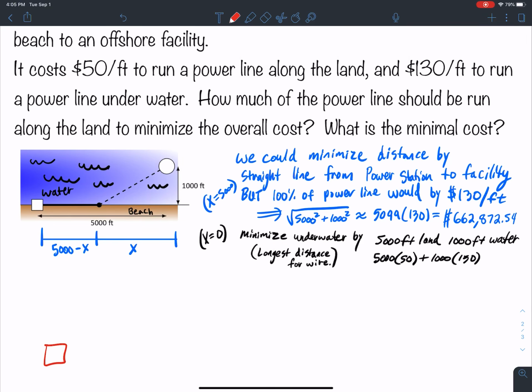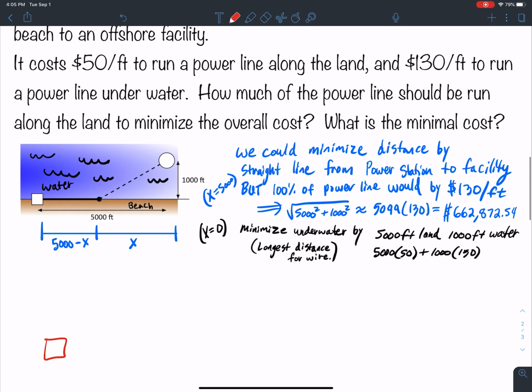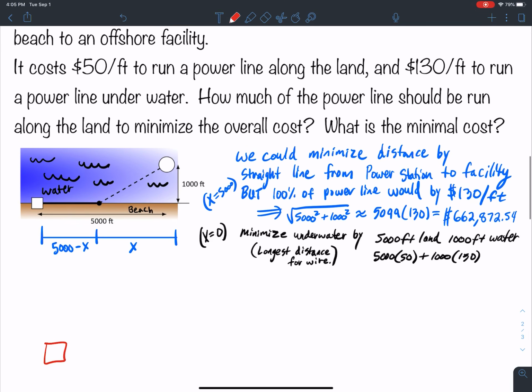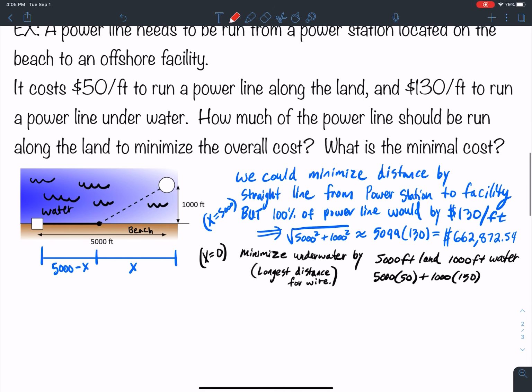Now, could it be the minimum cost? Maybe so. And maybe this is what somebody without a math background might say: we're always trying to minimize cost, so let's put the most amount of ground wire we can, that's 50, and I picked that because that's the cheapest.